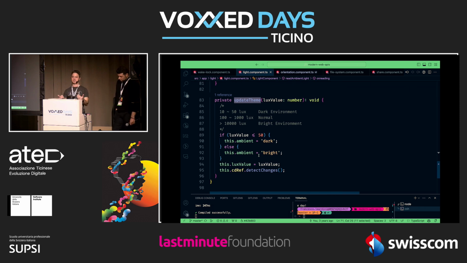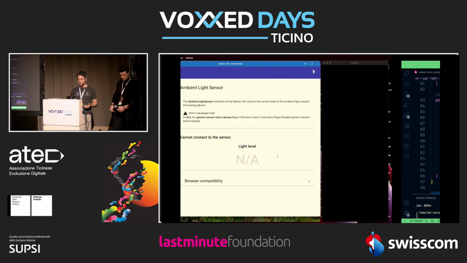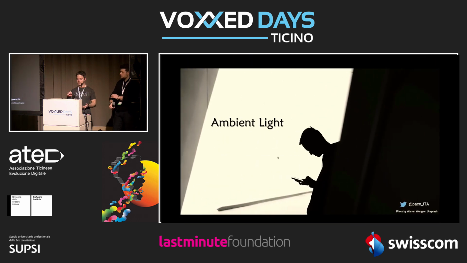For example, if the level is less than 50, we can think you are in a dark environment and automatically switch to the dark theme, or back to the light one if the level rises. This is just an example, but it's interesting to see how we can implement functionalities that so far were not possible, and this interaction with the hardware device is very interesting in my opinion.